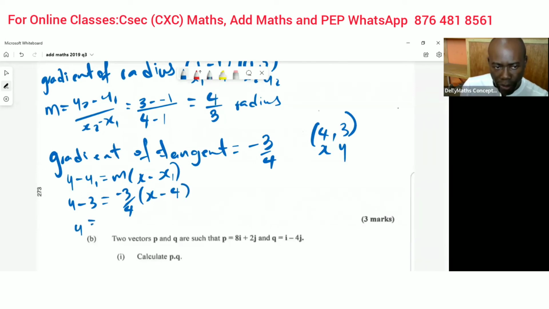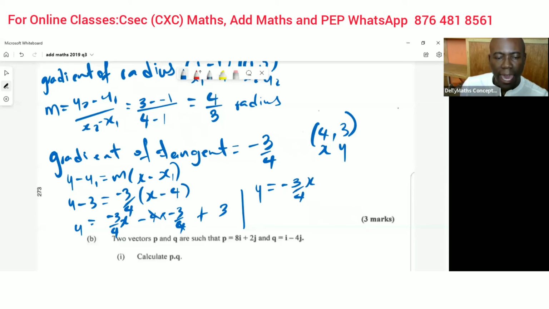Distribute the negative 3 over 4 inside, we'll have negative 3 over 4 x, and negative 3 over 4 times negative 4, and then we're going to be adding 3. This would have canceled itself there. So let us see what we really have. We'll have y equal to negative 3 over 4 x, and then these will be positive, so 3 and then there's another 3. So y is equal to negative 3 over 4 x plus 6.